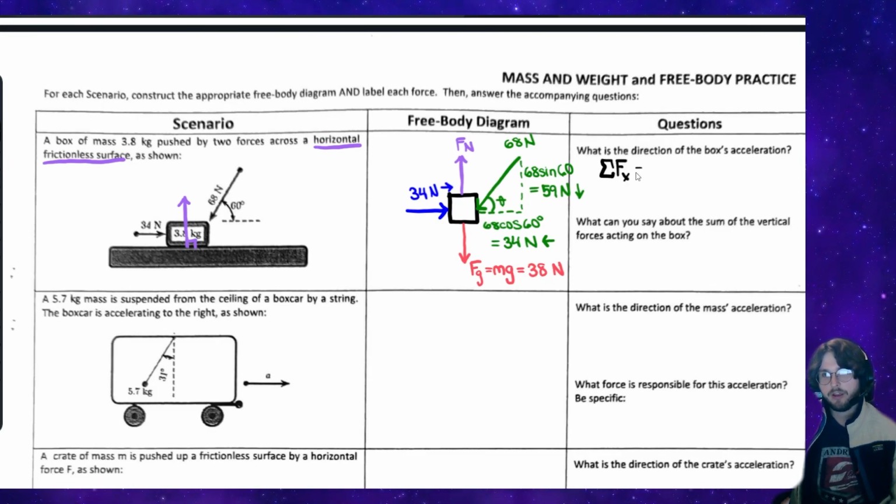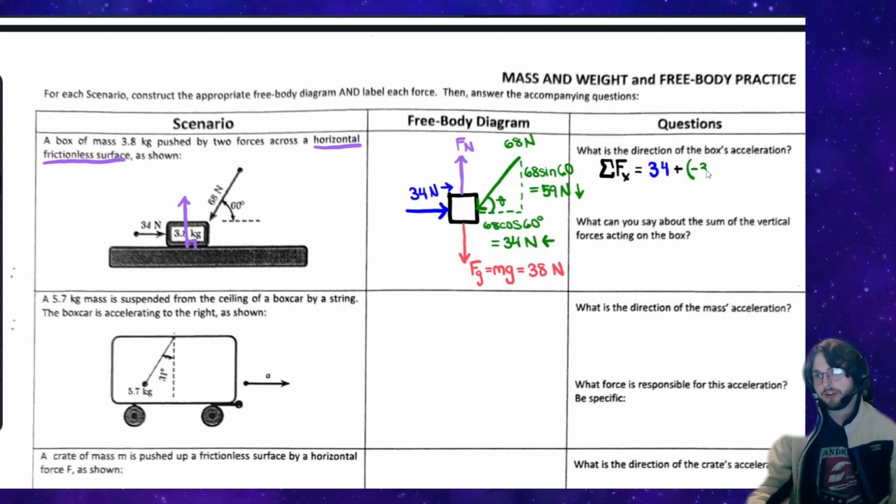Okay? And so the sum of forces in the x direction have to equal, let's see, well, we've got a rightward force of 34 newtons over here. So we'll keep that positive. And then we've got a leftward force of 34 newtons over here. So we'll add that and say negative 34 newtons.